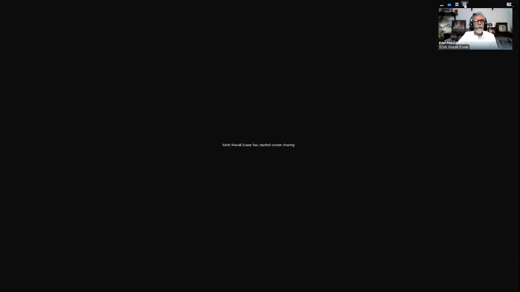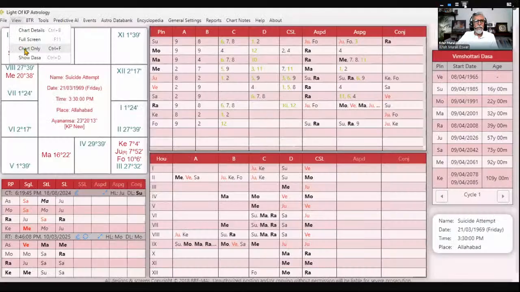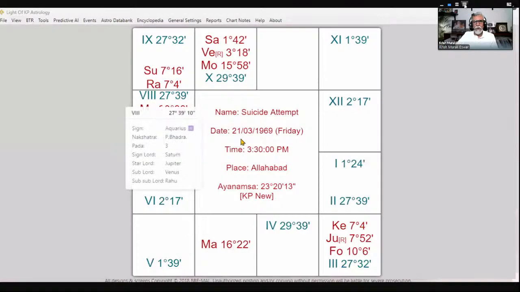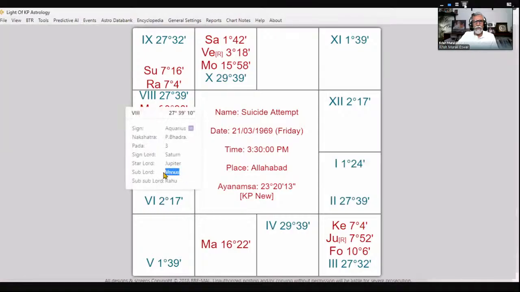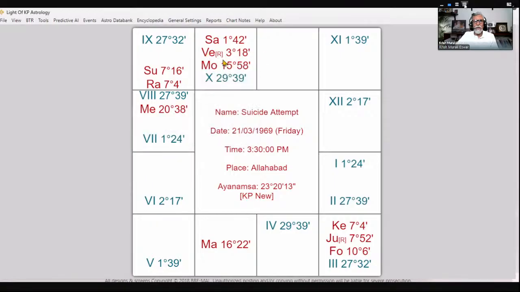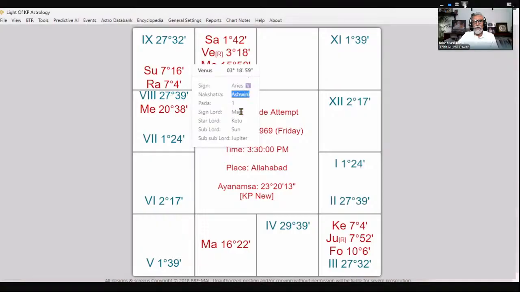Stay 1 second. Sir, I'll give you one horoscope here. This person attempted suicide. So I'll just show you this horoscope for those of you interested in learning this particular case. Born on 21st of March 1969, 3:30 p.m. in Allahabad. 8th cuspal sublord is Venus. Venus is conjoined with Saturn in the 9th house in the star of Ashwini, owned by Ketu.